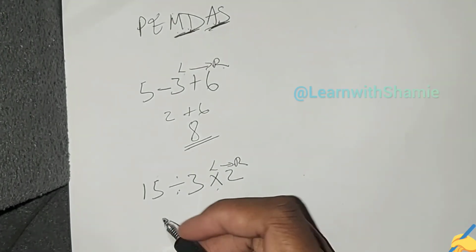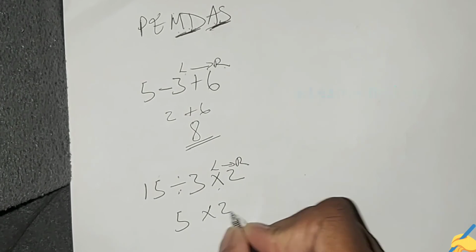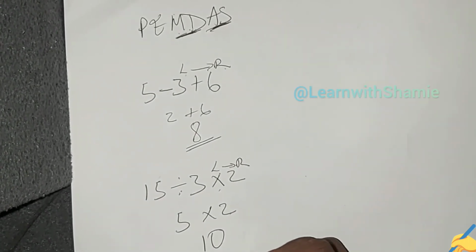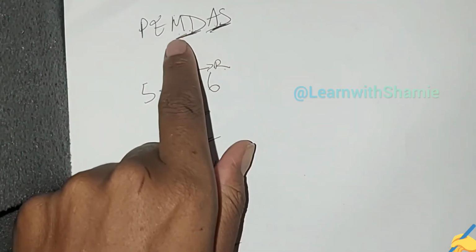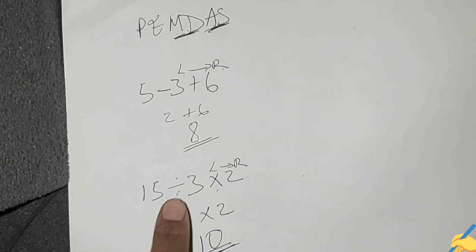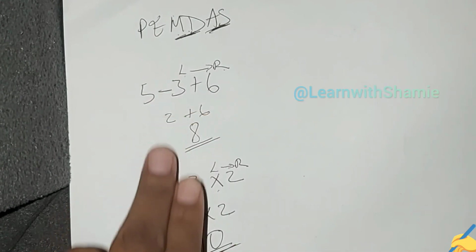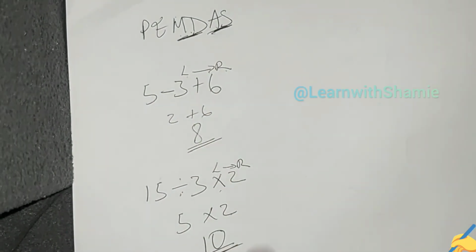So 15 divided by 3 is equal to 5. Then 5 times 2 is equal to 10. So we have 10 as our final answer. So with the rules that are of equal importance, if you get an equation that has both of those rules, you work the problem from left to right.